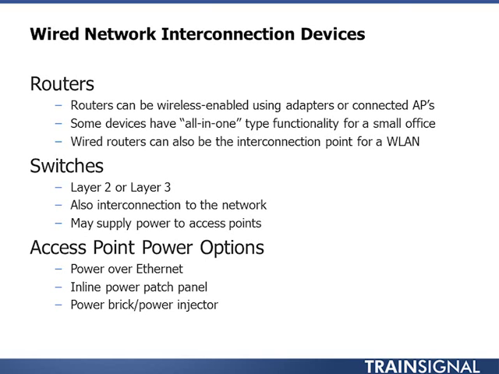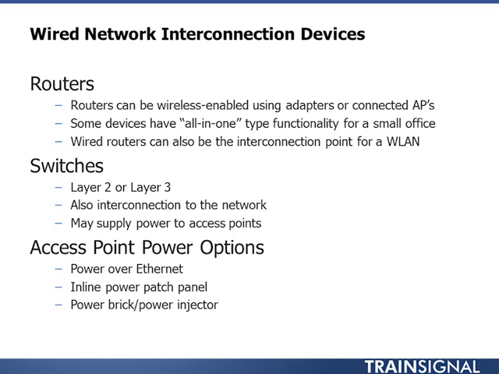If the distance is over 100 meters, then you'll need to use a power injector in order to go the greater distance. So you'll need to add a power injector onto that Ethernet cable. So if you're going to use power over Ethernet from your switch, then you need to make sure your switch supports power over Ethernet.